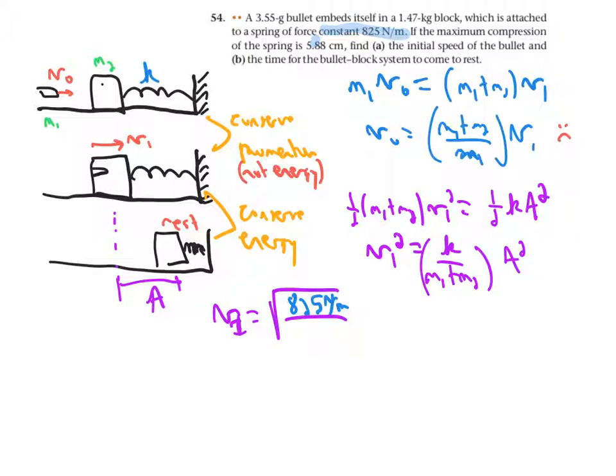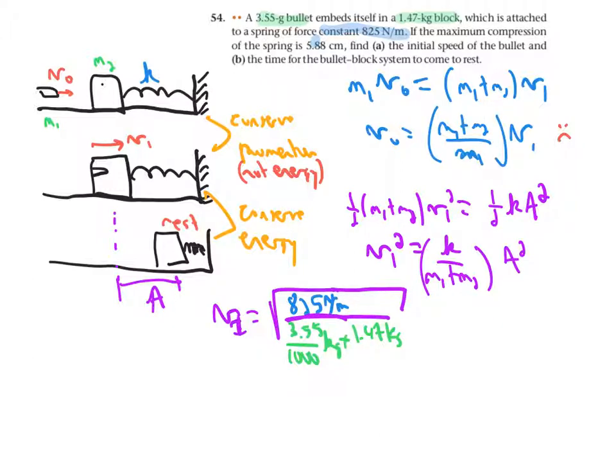And we'll divide by the masses, m1 and m2. You've got to be very careful that they change units on us, which is kind of annoying. So it's 3.55 grams divided by 1,000, and we'd have kilograms. And then here we'd have 1.47 kilograms. And so all of that goes there.